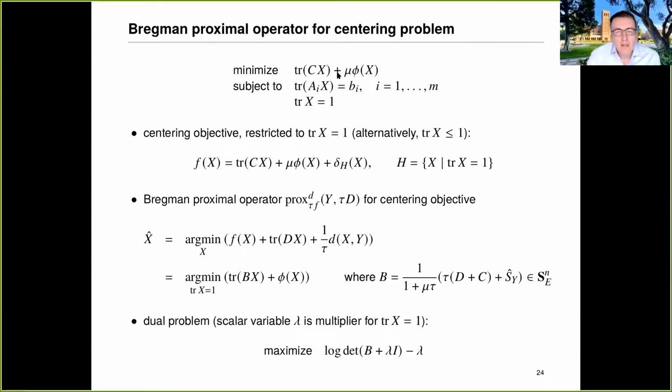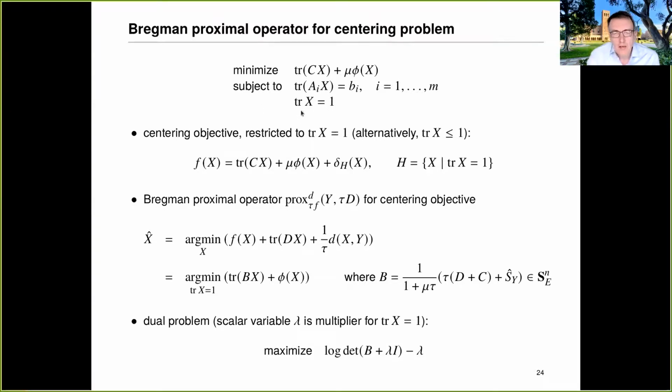Then we can compute the Bregman proximal operator with this barrier function for the centering problem in a very similar way as for the Itakura-Saito distance. Again, we introduce a normalization that can be done in different ways. Here we just assume the constraints imply also a constraint on the trace of the matrix.